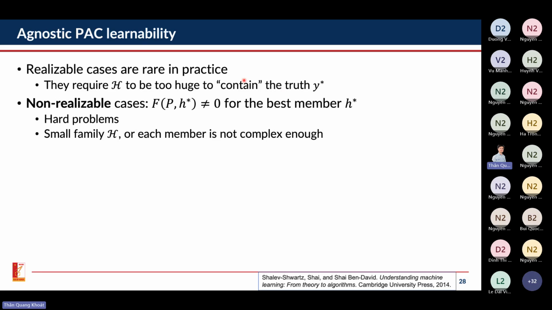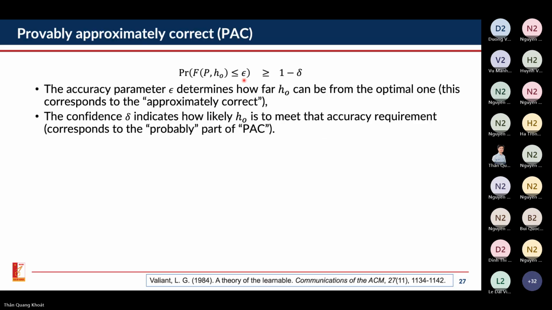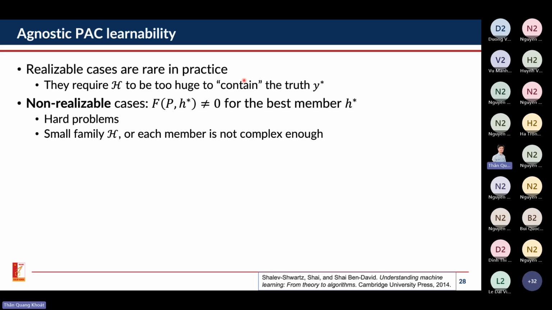And of course, in practice, this realizable assumption can be very strong, right? In practice, we can choose some simple model, a simple architecture, and in that case, this assumption can be wrong, right? So that's why we should relax the definition of learnability to work with this more general case. In this case, the best model can have some wrong predictions, right?